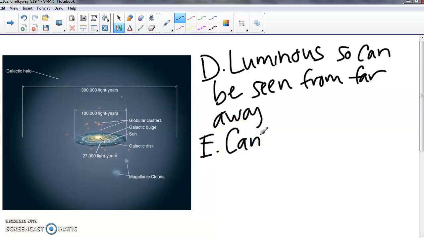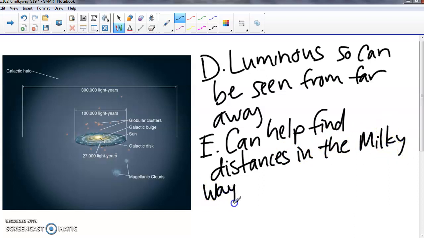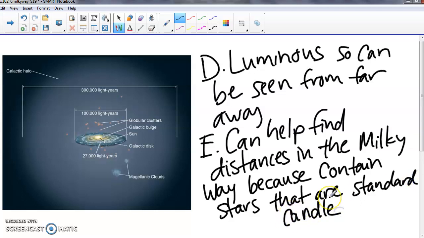So they can actually help us map out the Milky Way, help find distances in the Milky Way, because they contain special stars that we call standard candles.